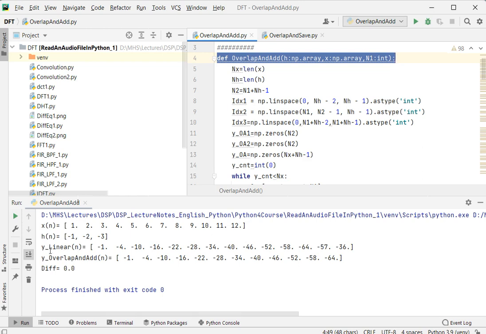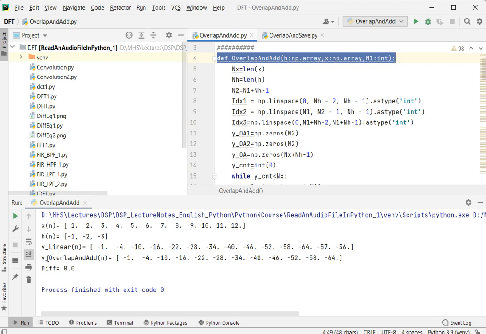The result using linear convolution is minus 1, minus 4, minus 10, minus 16, minus 22, minus 28, minus 34, minus 40, minus 46, minus 52, minus 58, minus 64, minus 57, minus 36.